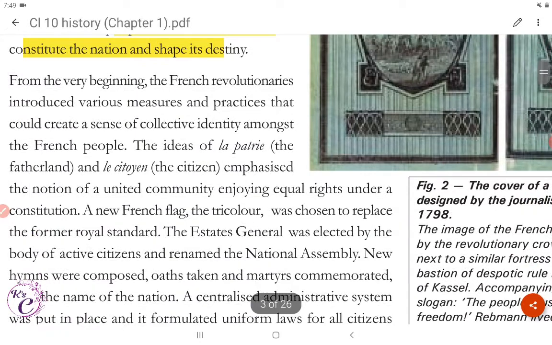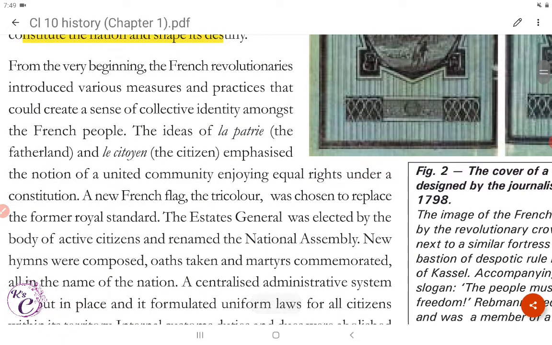From the very beginning, the French revolutionaries introduced various measures and practices that could create a sense of collective identity amongst the French people.